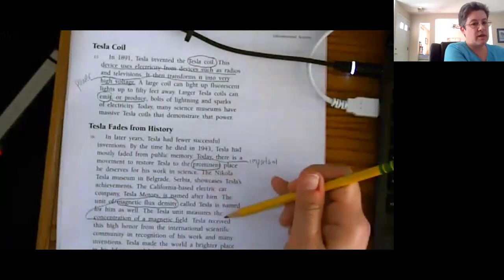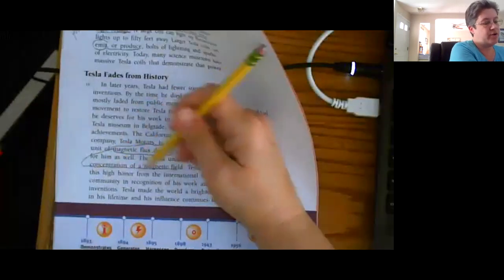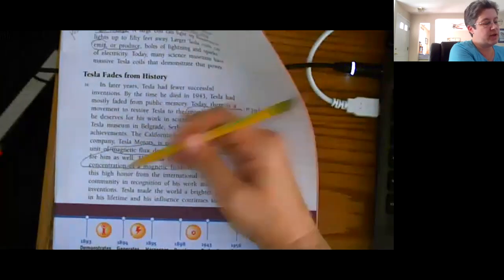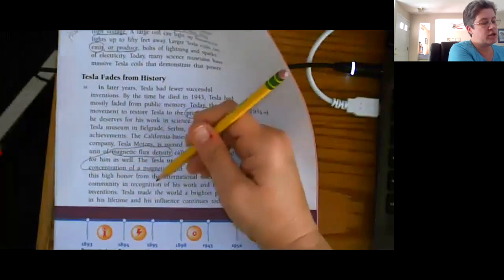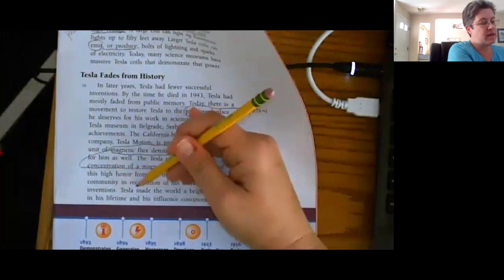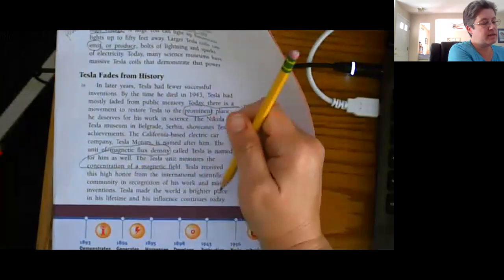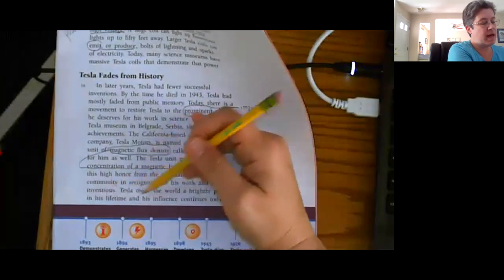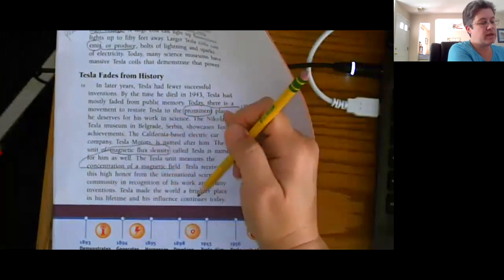Tesla received this high honor from the international scientific community in recognition of his work and many inventions. Tesla made the world a brighter place in his lifetime, and his influence continues today.